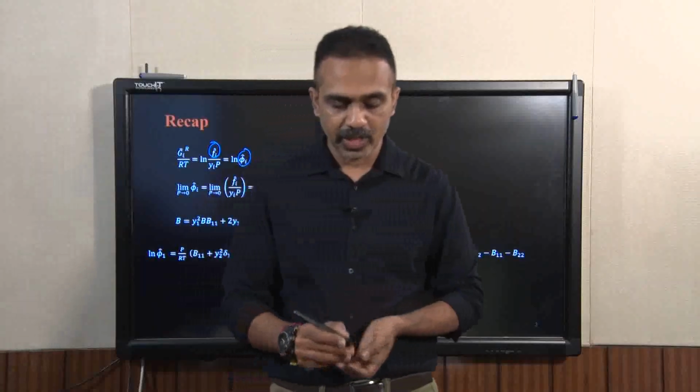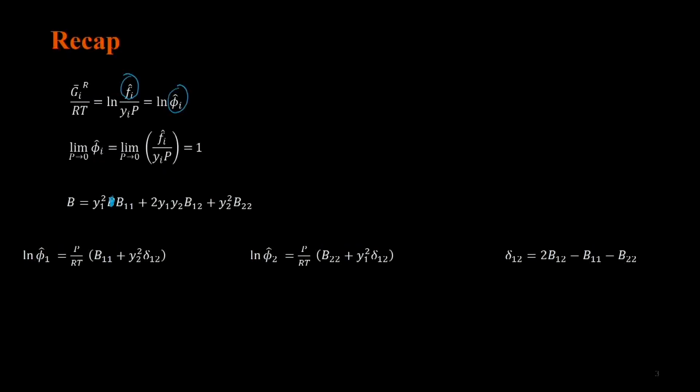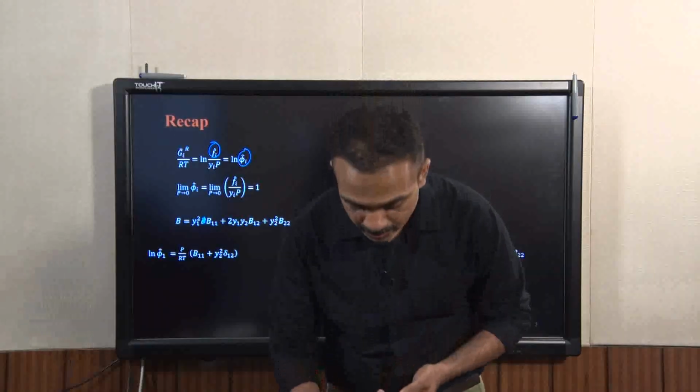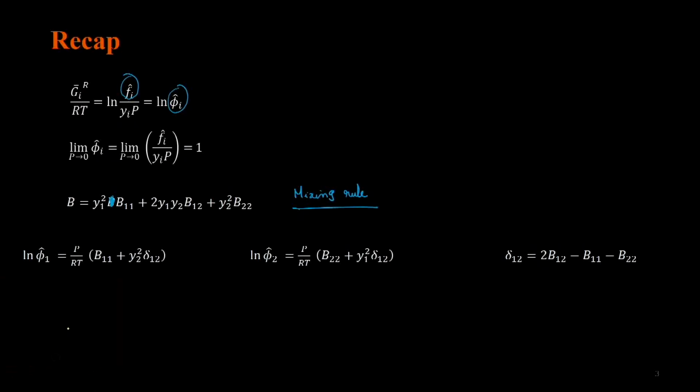we said that we need what is known as a mixing rule to be able to calculate the virial coefficient B for the mixture. It is related to the individual virial coefficients B11, B22, the mole fraction y1, as well as an additional virial coefficient B12, which we called the cross virial coefficient.